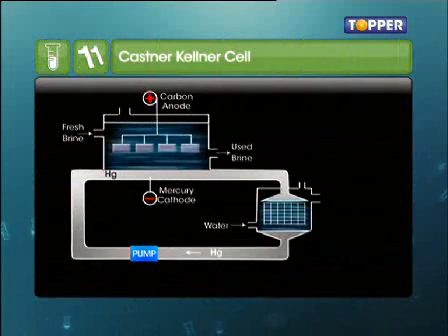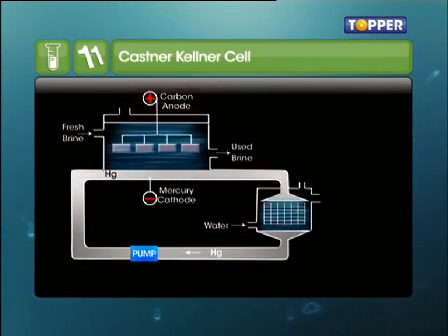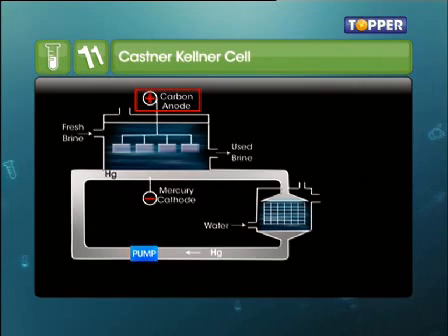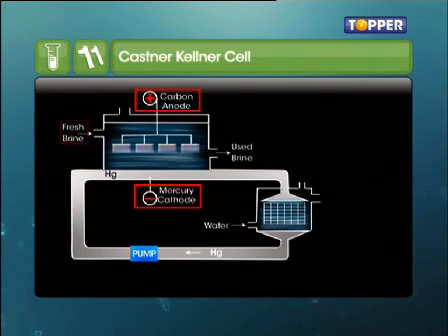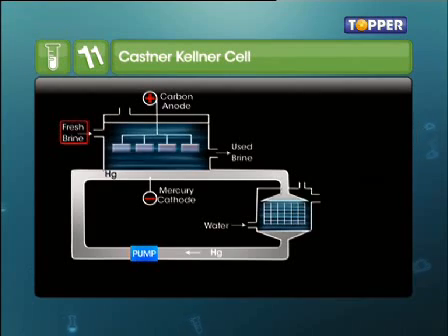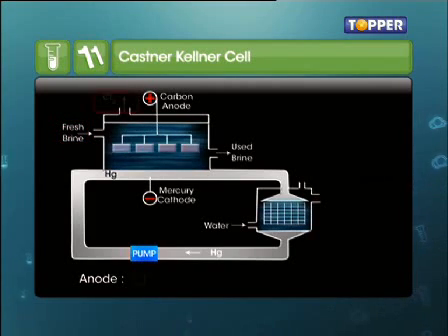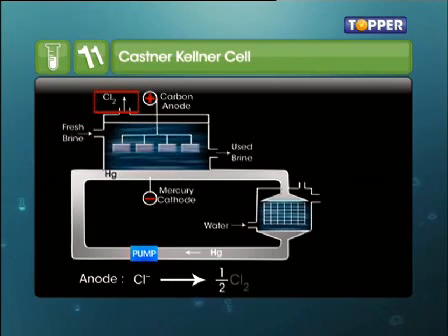Let's understand the Castner-Kellner cell better. In this cell, carbon acts as anode and mercury as cathode. Brine solution, that is a solution of sodium chloride and water, is electrolyzed in the cell. Chloride ions get oxidized to give chlorine gas at the anode.